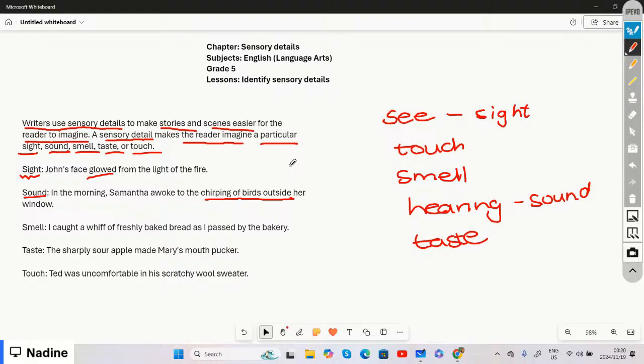If we look at that example, my brother's clothes shine under the sun. Sometimes it can be how clean it is, or it can depend on the type of clothes that they wear.